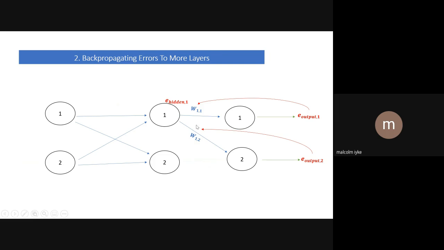But since they are all coming from this node here, you can just add those errors together. When you add those errors together, that will give us the error for this node here. This one is an error for just this link. This one is also an error for this link. But this node also needs an error, and that error is just the addition of these two link errors.